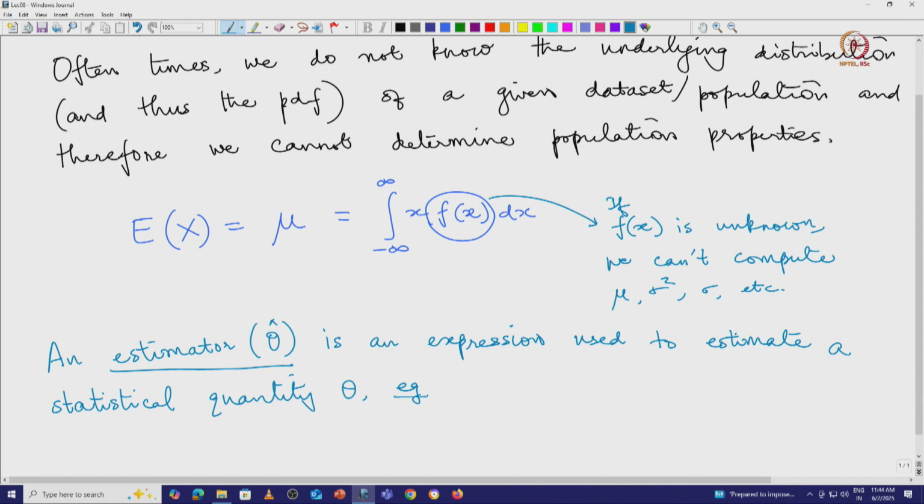So, for example, you may want to estimate the population mean or population variance.